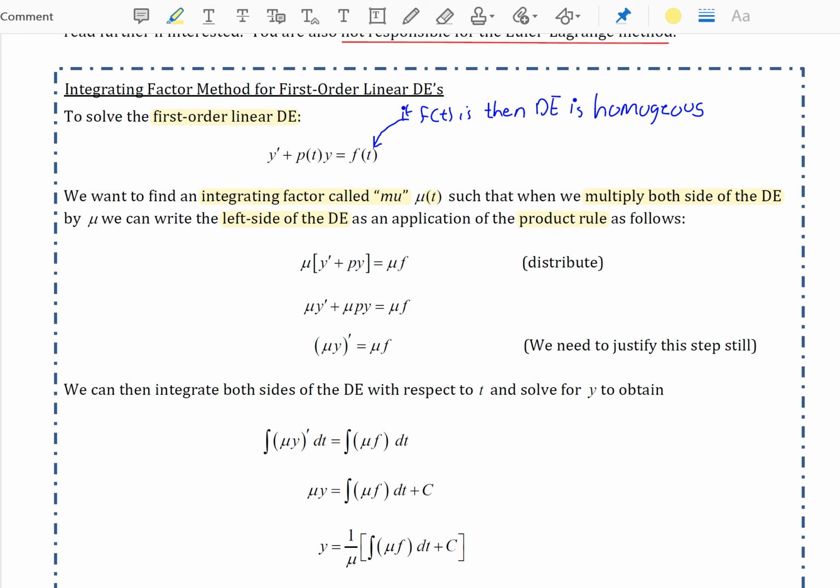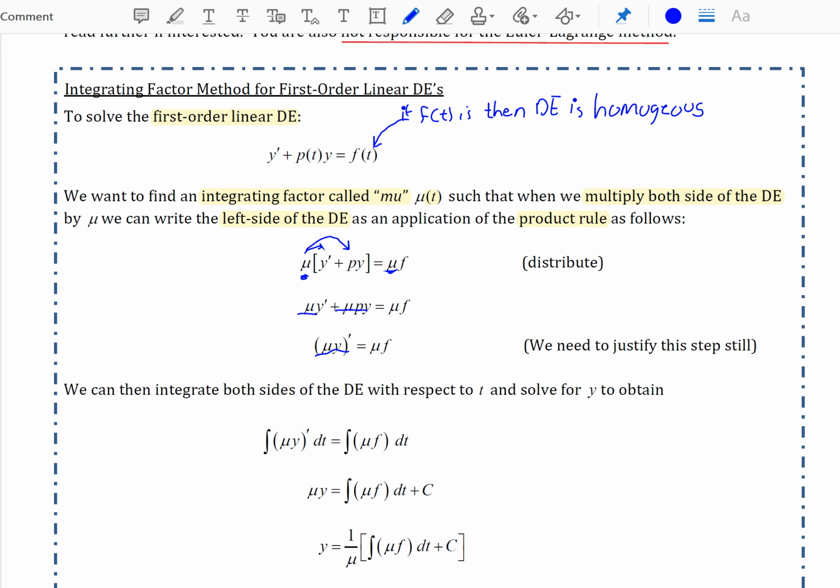So our general method is going to be to find this integrating factor mu that we multiply on both sides of our differential equation. This then allows us to distribute the mu to each term, and it makes this left-hand side equal to an application of the product rule.